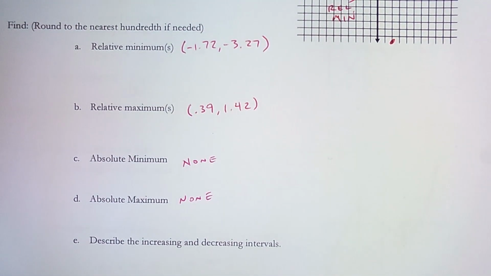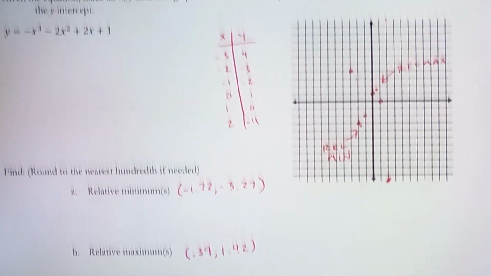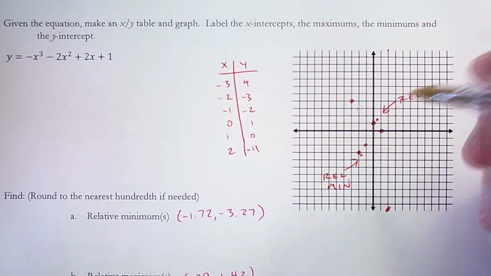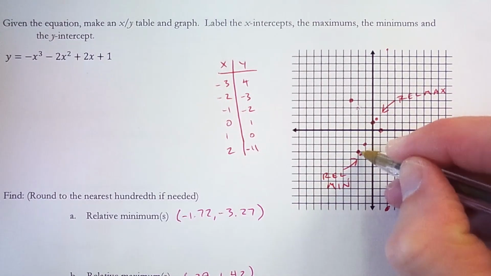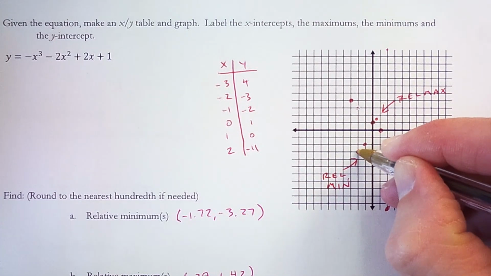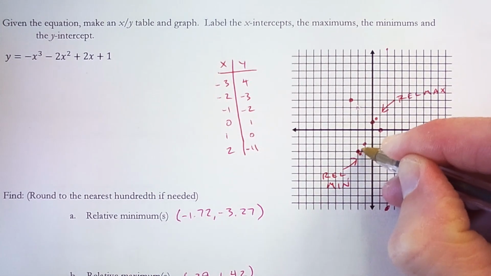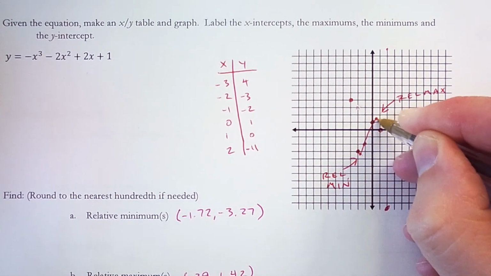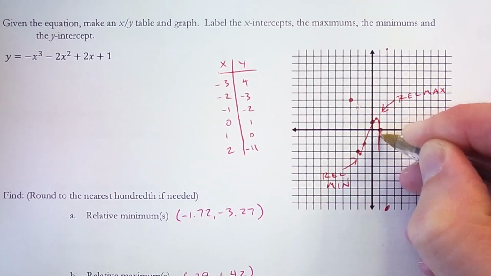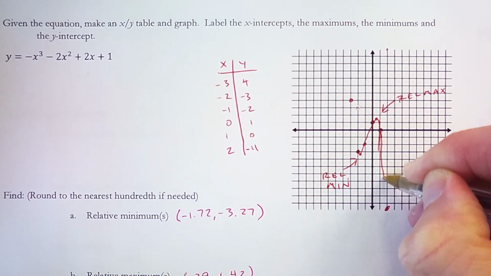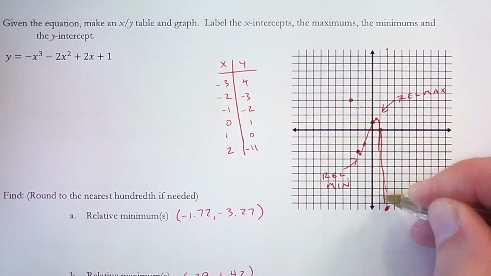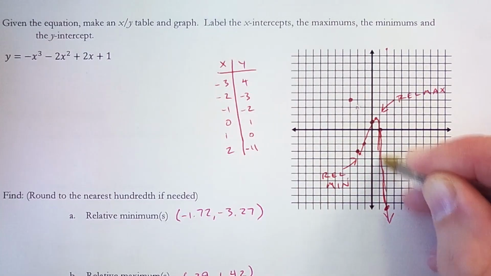Okay, now we need to finish this graph. So the graph, I'll start at this point right here and go to the right, and then I'll come back to the left. So it looks about like that.